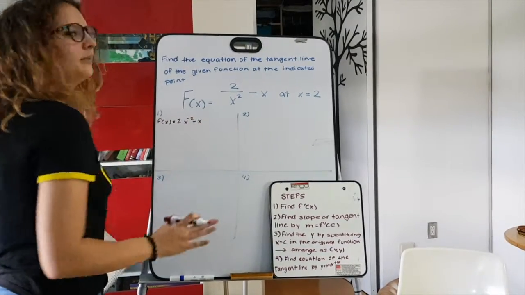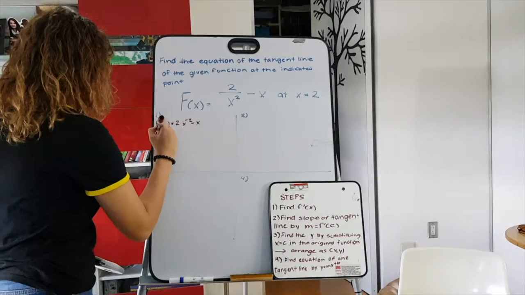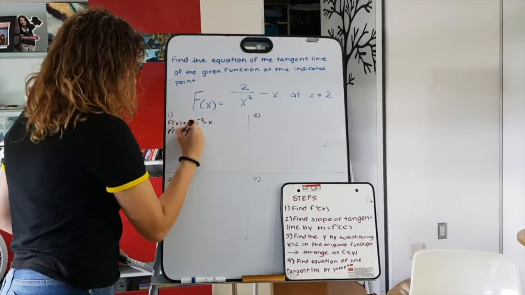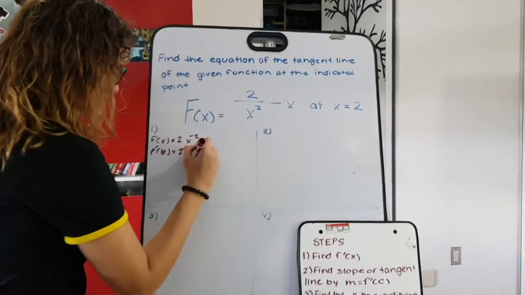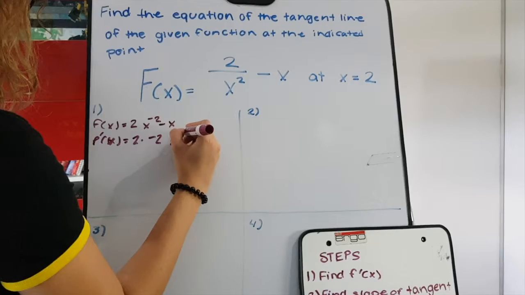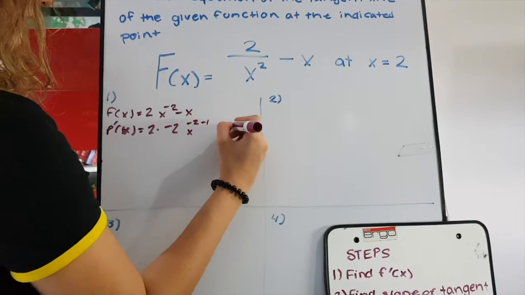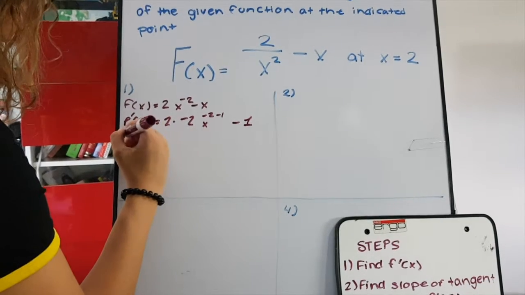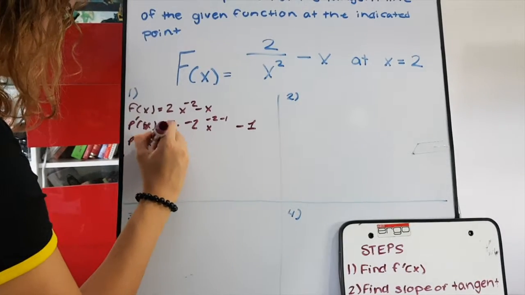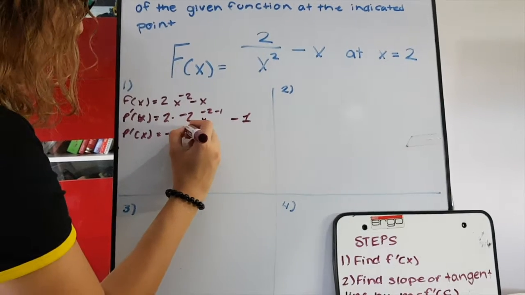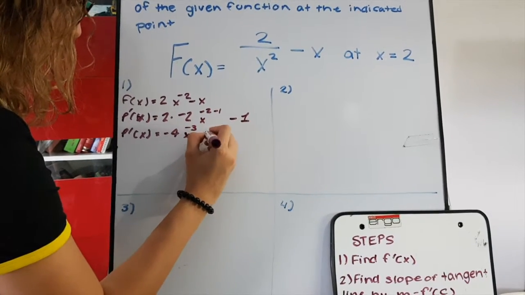Now with this we can begin to take the derivative, which is f prime of x equals 2 times negative 2 x to the minus 2 minus 1, minus 1. Here we can simplify it as f prime of x equals negative 4 x to the minus 3 minus 1.